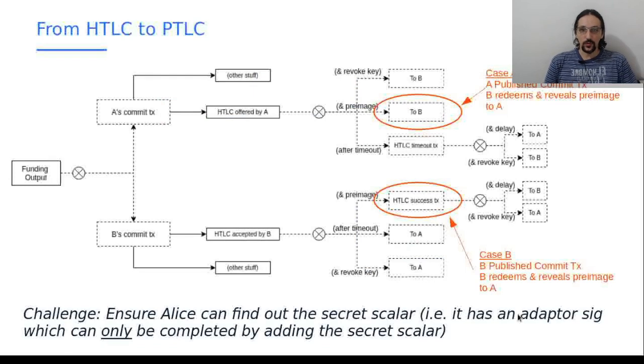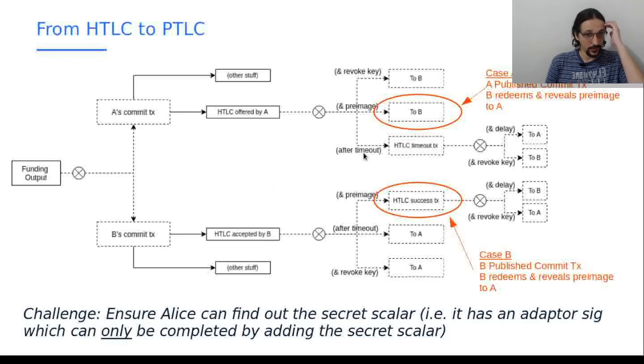The way to bind payments to PTLCs in the Lightning Network, this is a channel state diagram for the Lightning Network. We have Alice's commitment transaction, Bob's commitment transaction, and we're showing here a single HTLC offered by Alice and accepted by Bob.